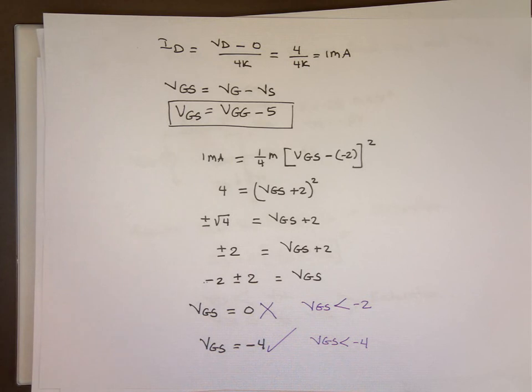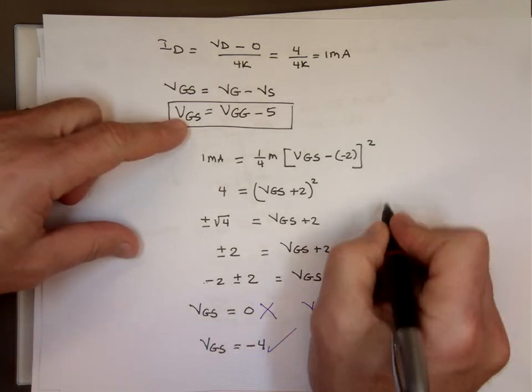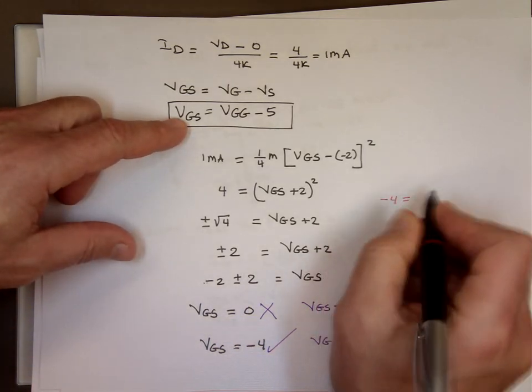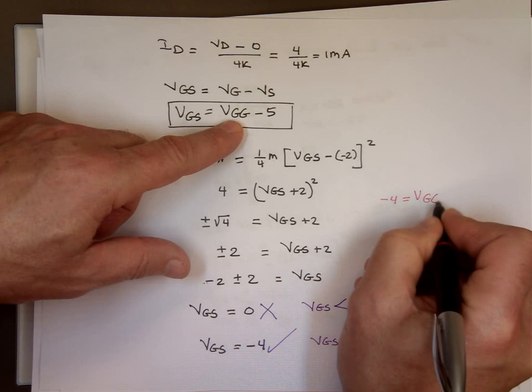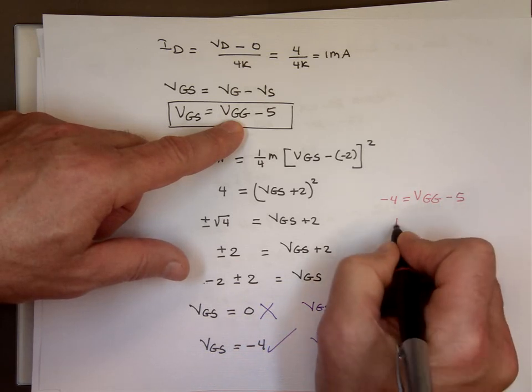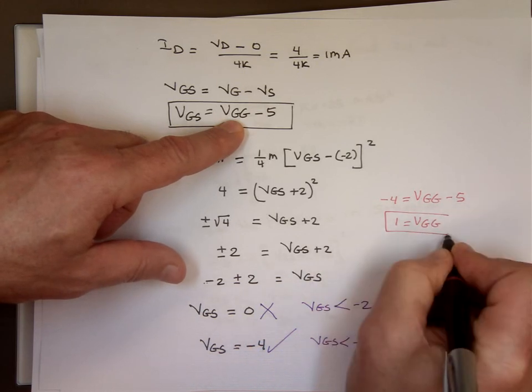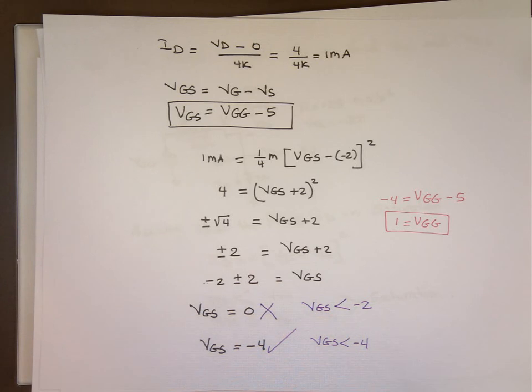By the way, if I know VGS, can I find VGG if I need it? Well, from this equation, -4 equals VGG minus 5. If you add 5 to both sides, you have 1 equals VGG. So if we need VGG, I'm in good shape.